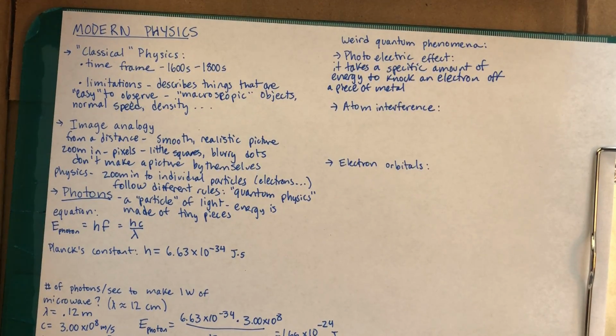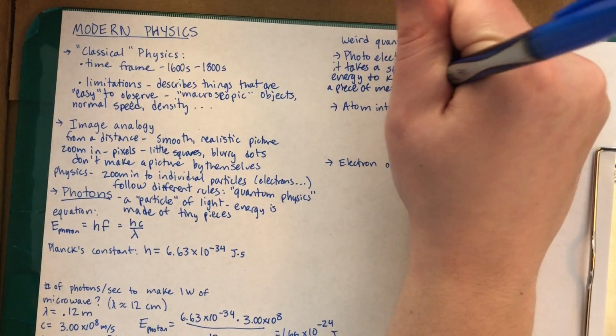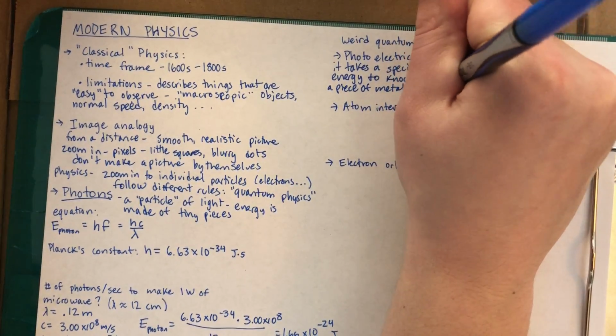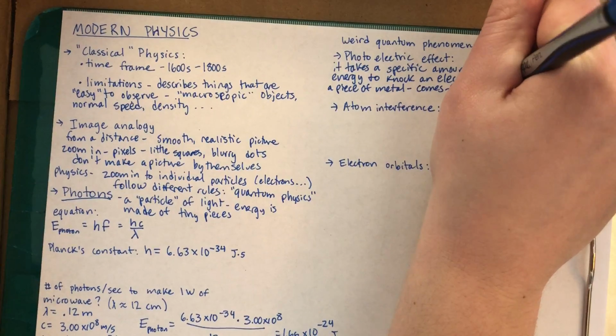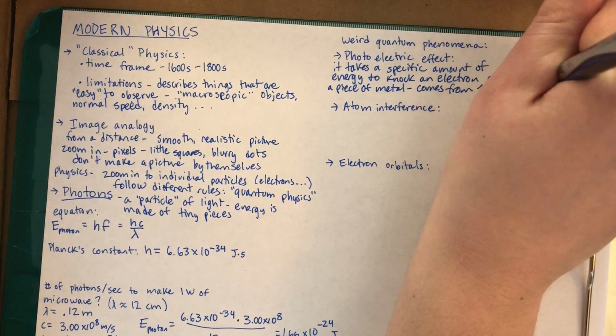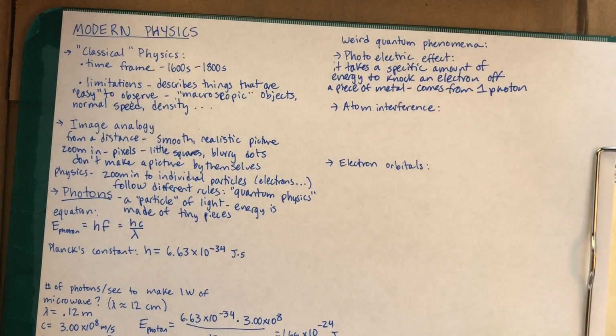So if you shine a red light, which has a longer wavelength, on a piece of metal, you could shine a really, really bright red light and you could be dumping tons of energy into it. But because the individual photons have less energy, none of the electrons are going to get knocked off.